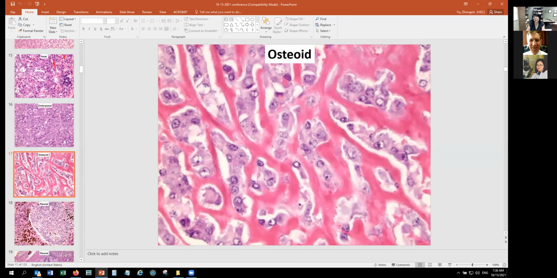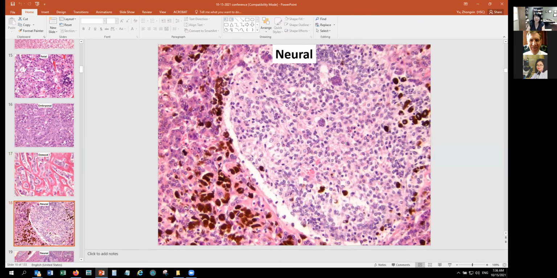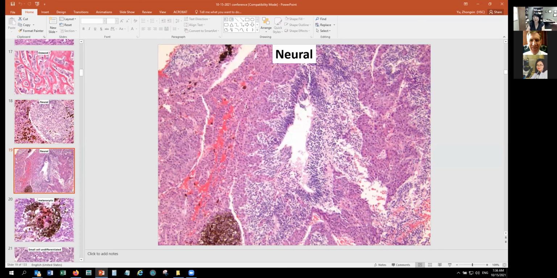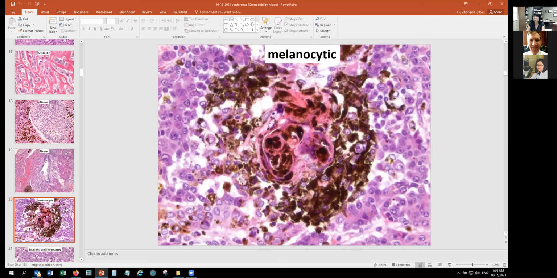And this is osteoid differentiation, pink osteoid production, and these are epithelial cells. And this is the neural area with pigment. That's neural tube formation, teratoid feature. And there's a kind of squamous focus with melanin pigment. This is also considered teratoid feature.